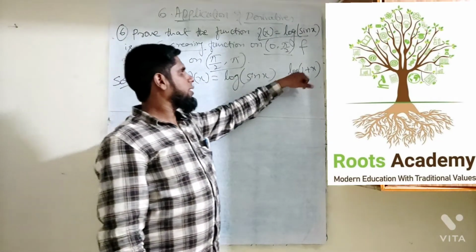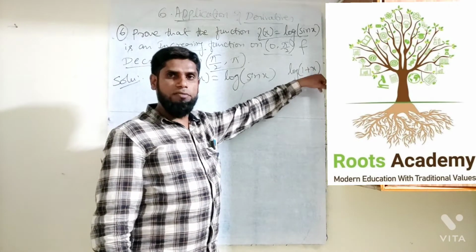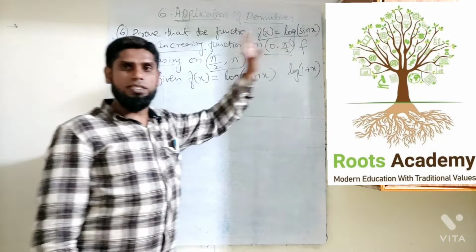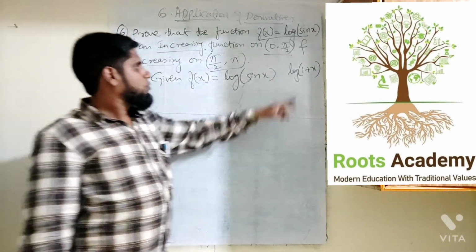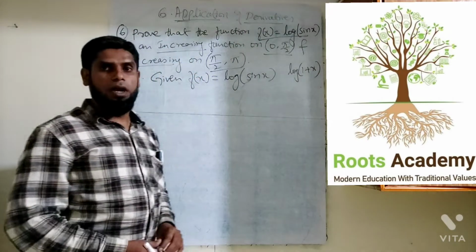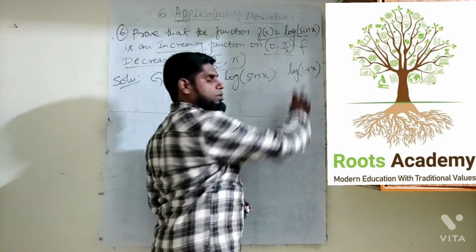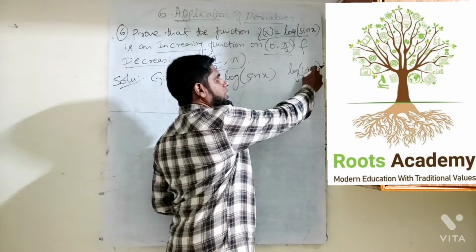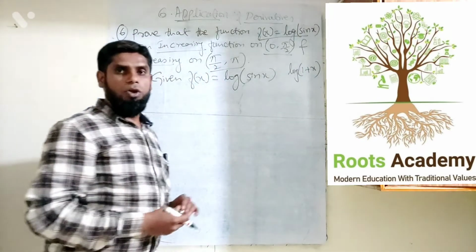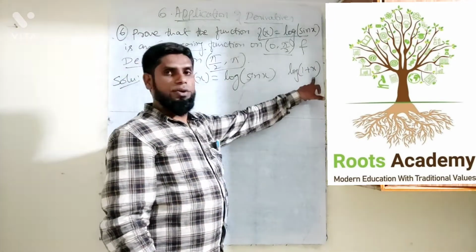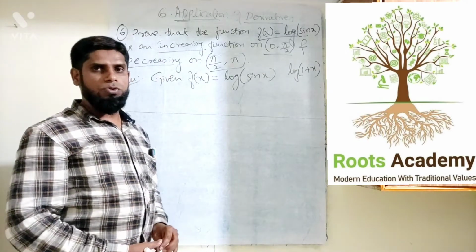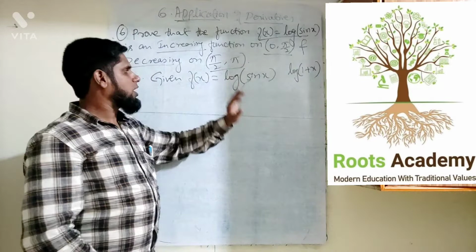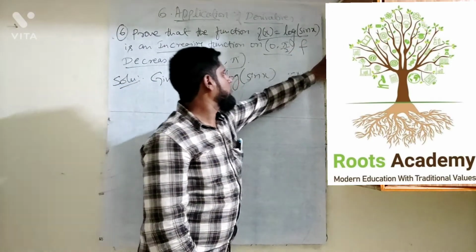But there the domain given was x greater than 1, or x greater than 0, because if you give any negative values here, log cannot be defined. So under logarithm we don't want any negative values. It is always a positive value.